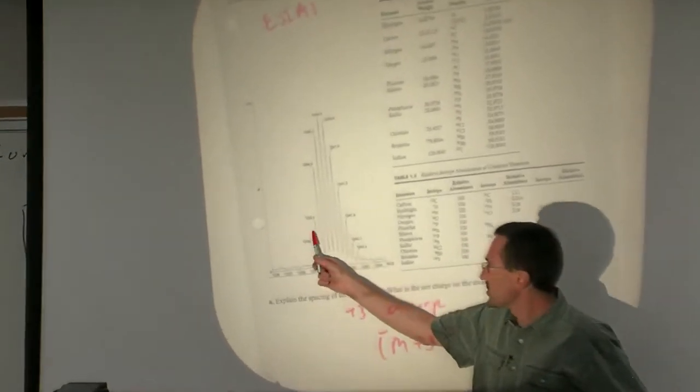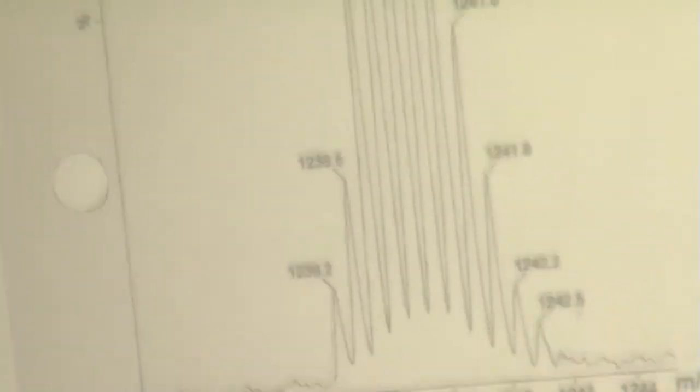What other elements are going to be contributing? So you could have 1 C13. You can only have one unusual isotope for this one. What other important contributors are there going to be to this peak at 1239.5? Nitrogen and sulfur.